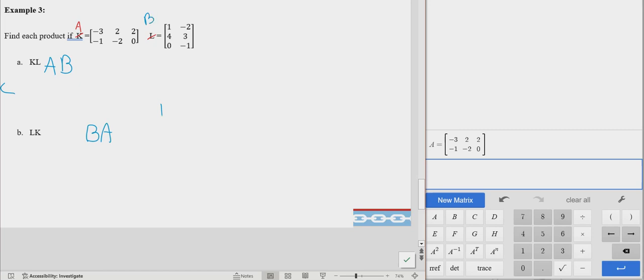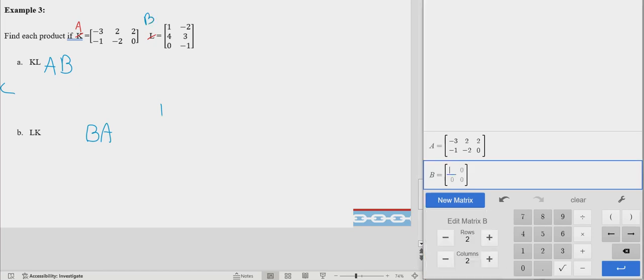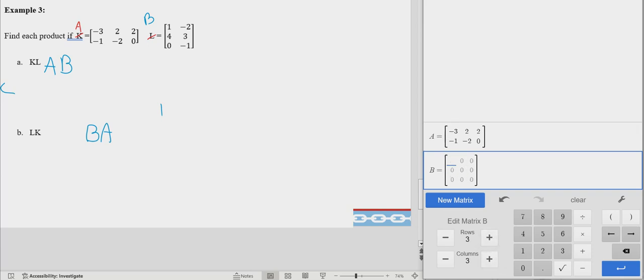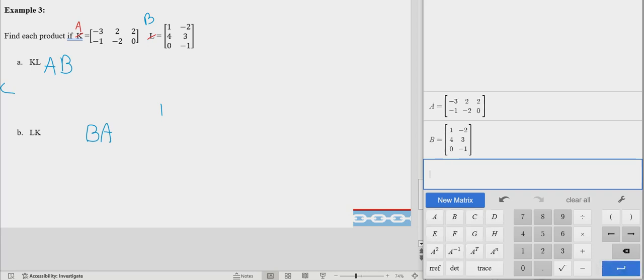This we're going to say is B. So I'm going to hit new matrix. I have to tell it the dimensions again. So I need a 3 by 2. The nice thing is we can visualize it there. And then I enter my data in. I use the arrows. So there is my second matrix.